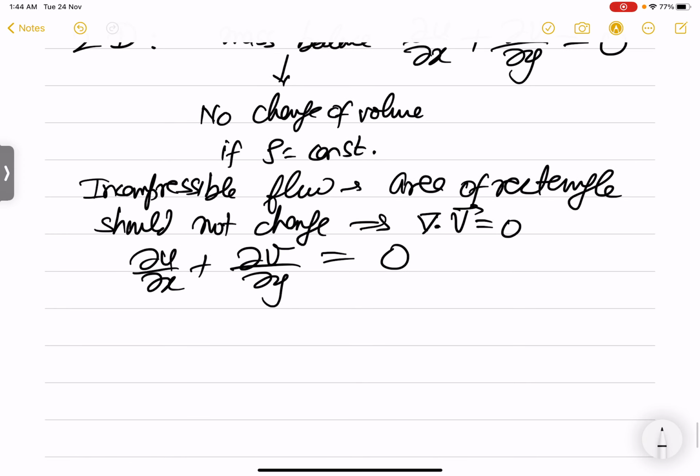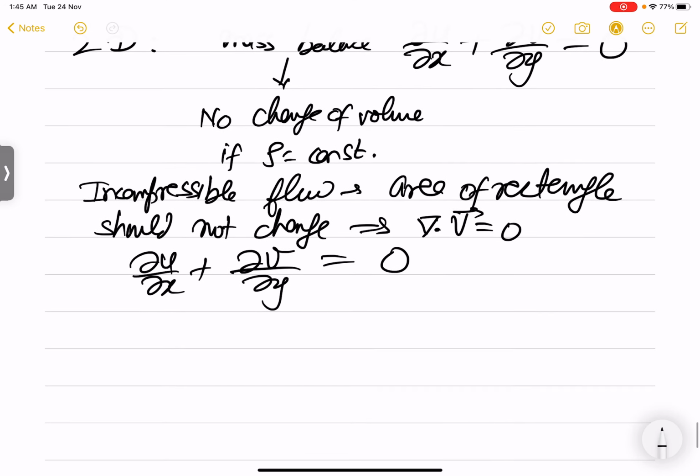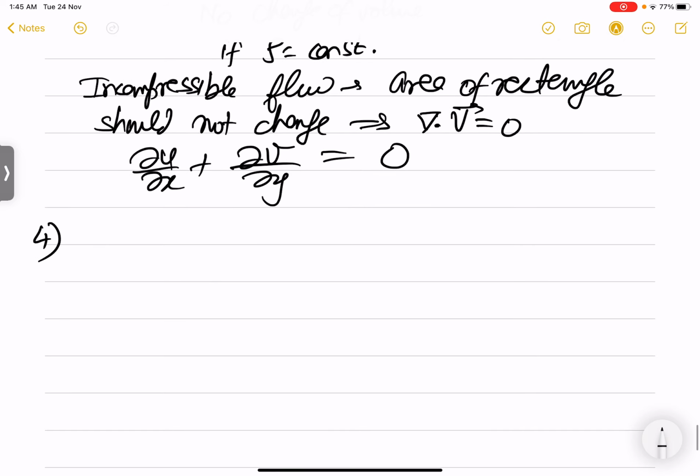Okay. So these derivatives of velocity along the same direction give us the rate of elongation along that direction. Now, the fourth element which comes is the shear or distortion.